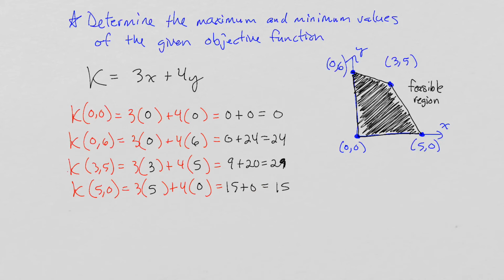So we have our minimum value, which is 0, and our max is 29. So this is going to give us a minimum at (0, 0), and a max at (3, 5).